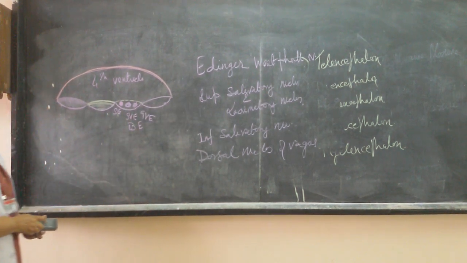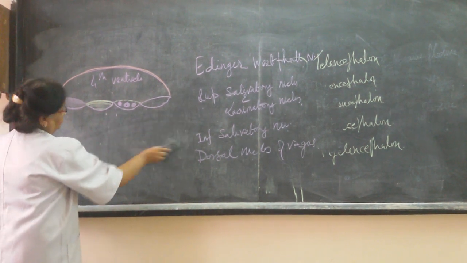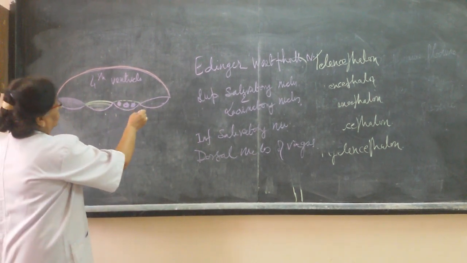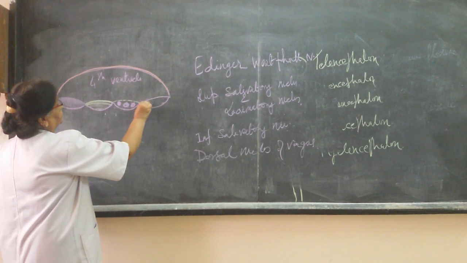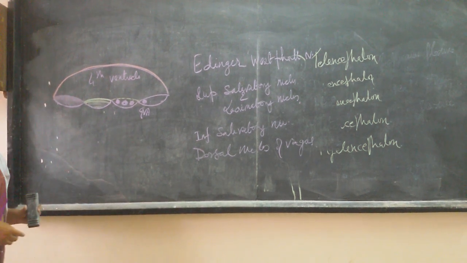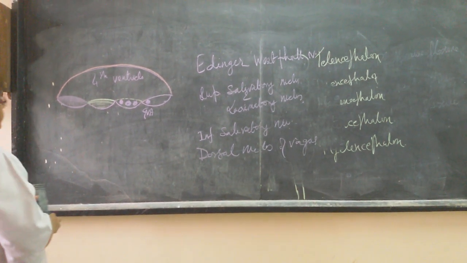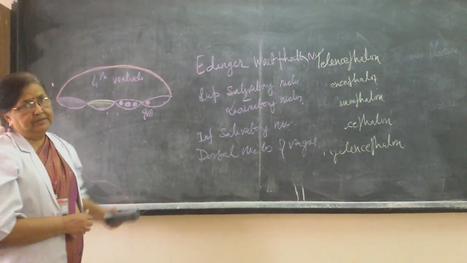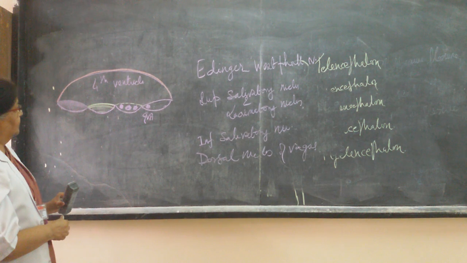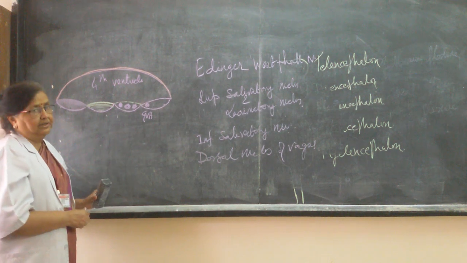Now coming to the alar lamina. The alar lamina will have the general visceral afferent component, and this nuclear group receives visceral sensation from the larynx, pharynx, thoracic and abdominal part of the GI tract up to the splenic flexure.